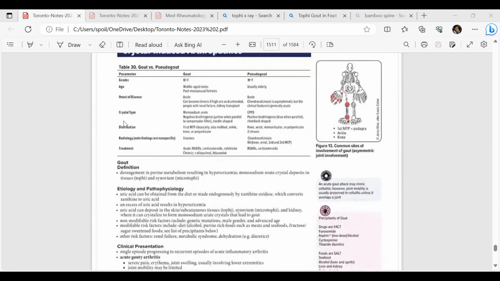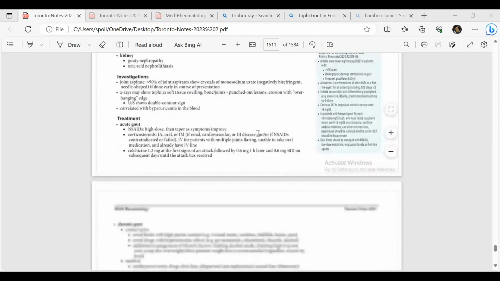The distribution of pseudogout can be the knee or wrist. It's monoarticular, but it can be polyarticular if it's chronic.